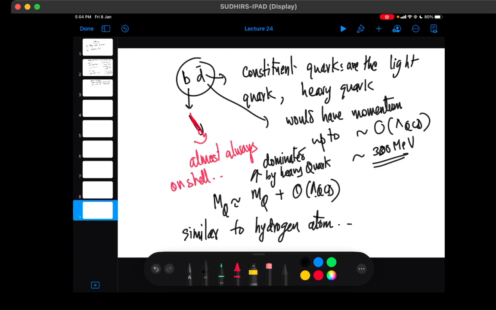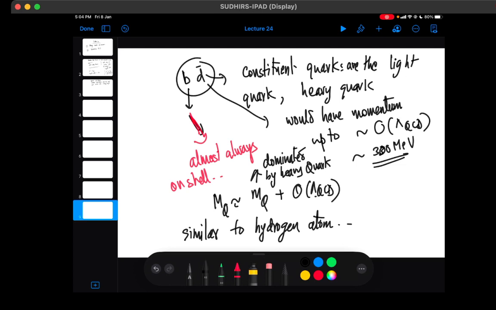Again, to sum up, the basic idea is that the heavy meson or heavy hadron, particularly if it contains a heavy quark like a B meson and also the charm meson, both of them are used. But like I said, most of the time for the bottom mass it works very well.